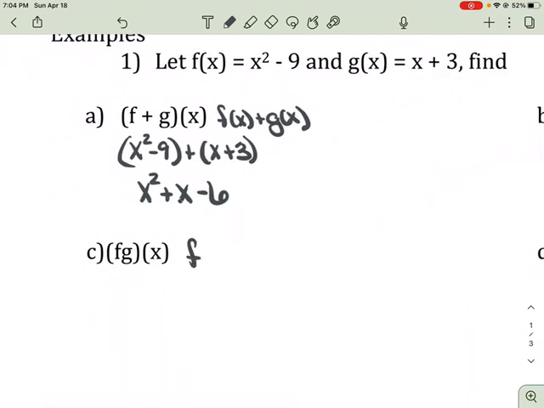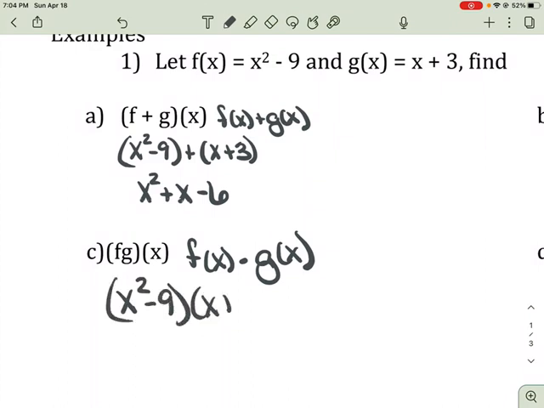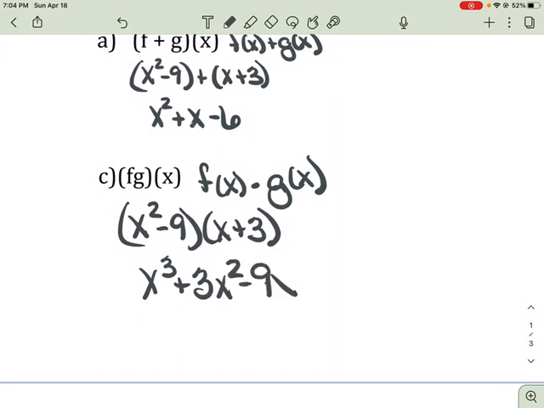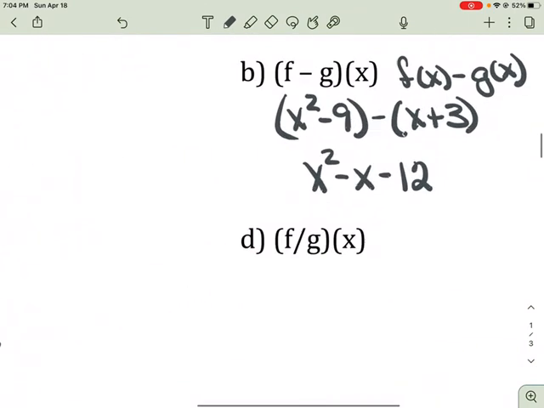All right, so when we multiply, again, this could be written as f of x times g of x, and we're going to do x squared minus 9 times x plus 3. Okay, we're going to do some FOIL. And that's it.